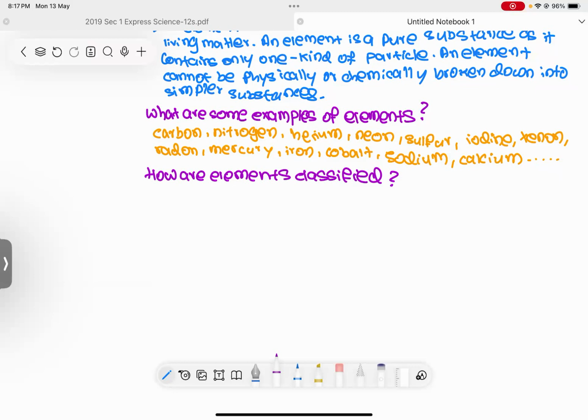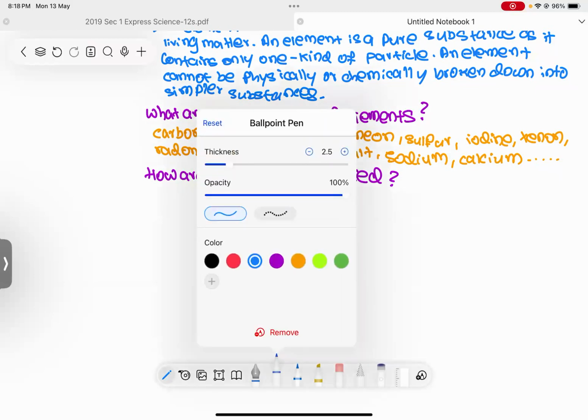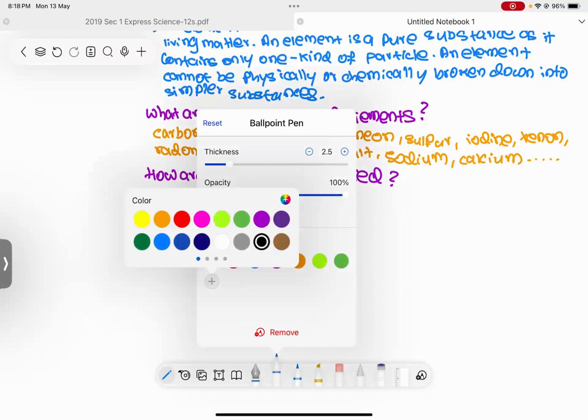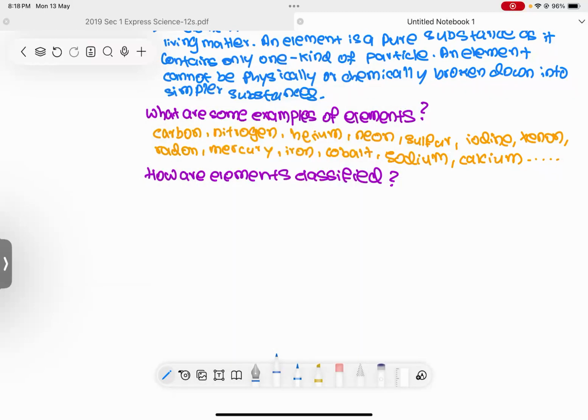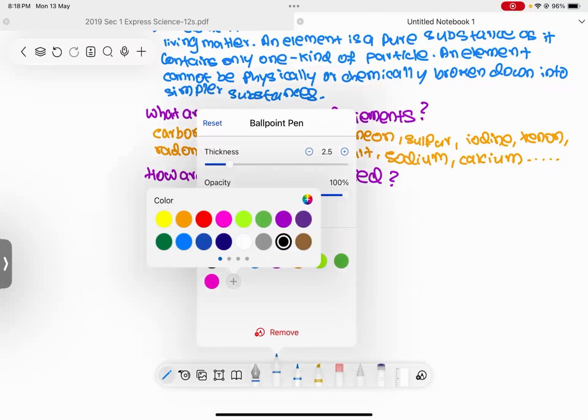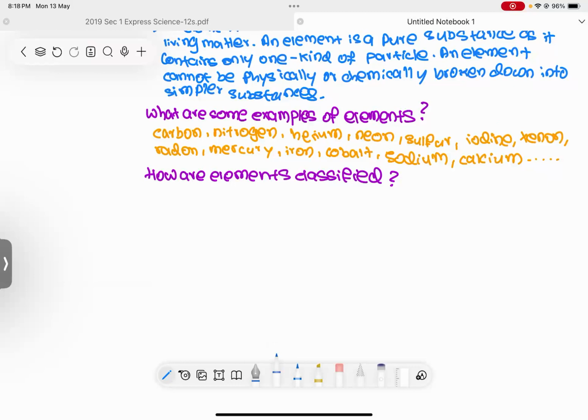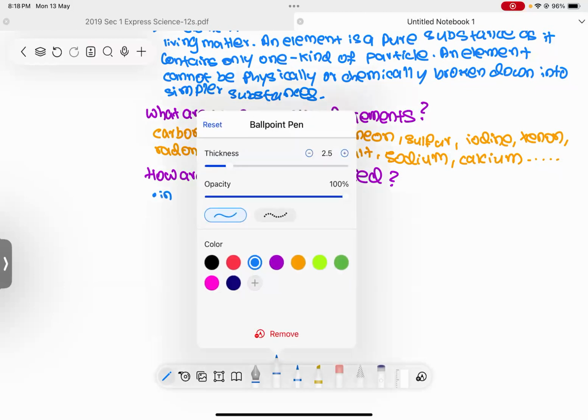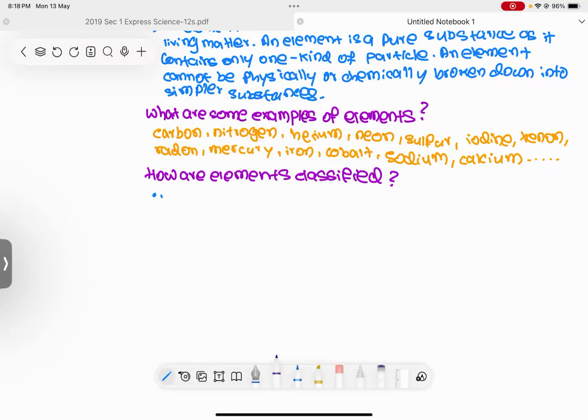Okay, so they are classified into metals and non-metals in the periodic table.